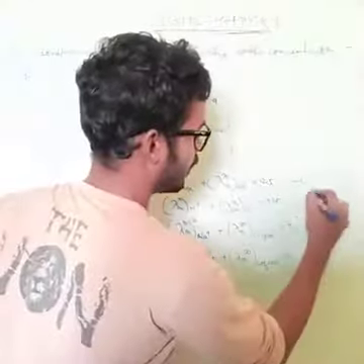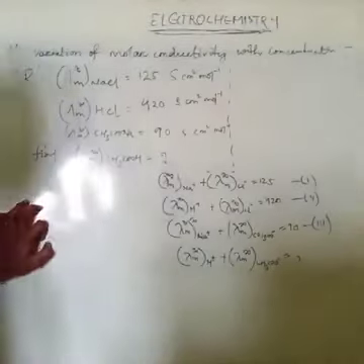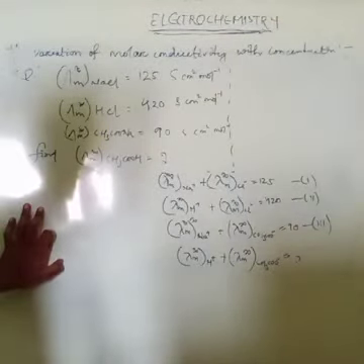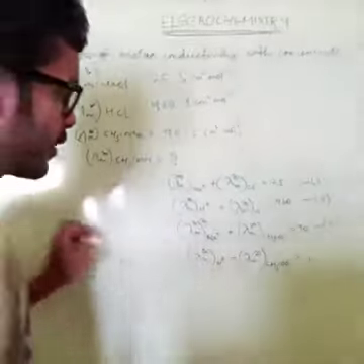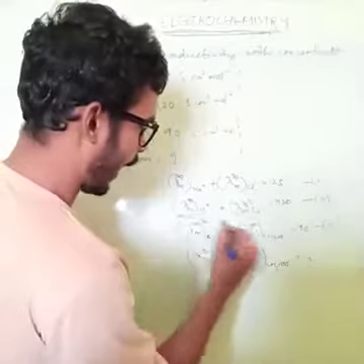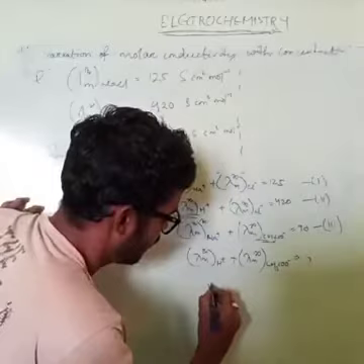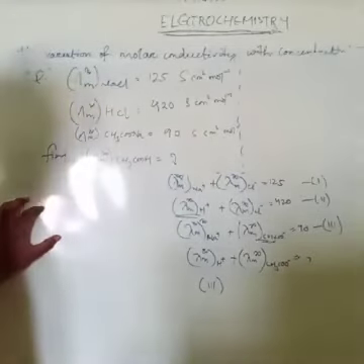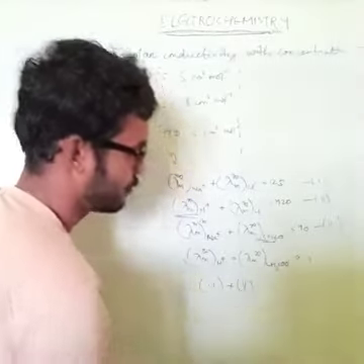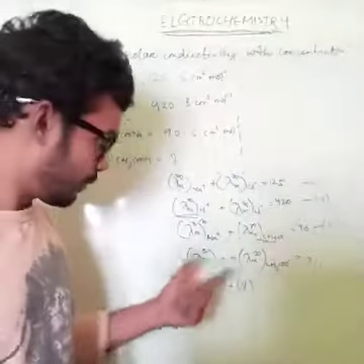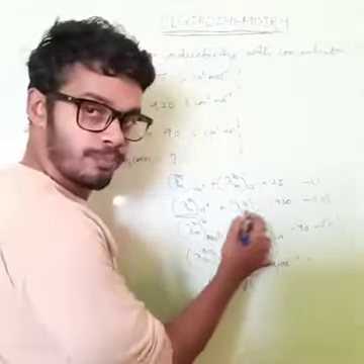Suppose equation 1, equation 2, equation 3. So by adding these two, what will you get? Add 3 plus 2. Then you will get Na plus and Cl minus also.